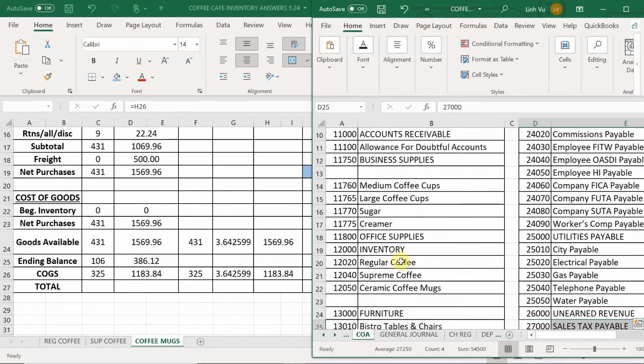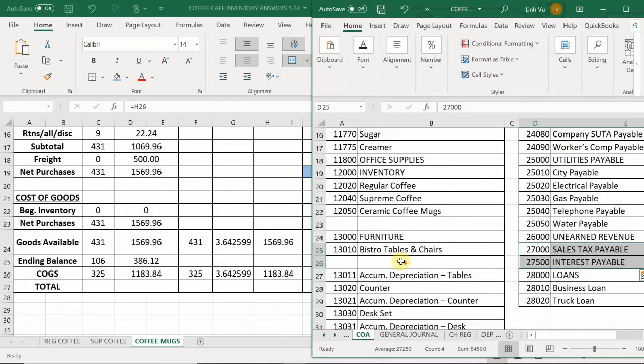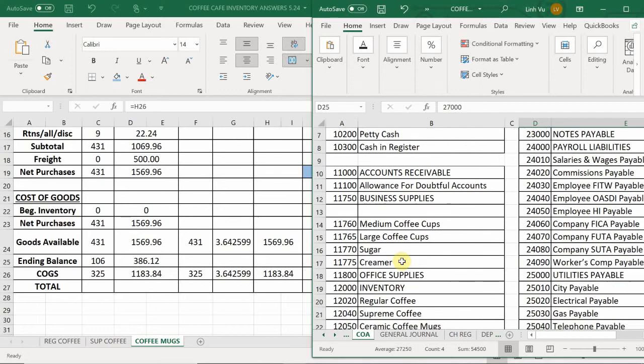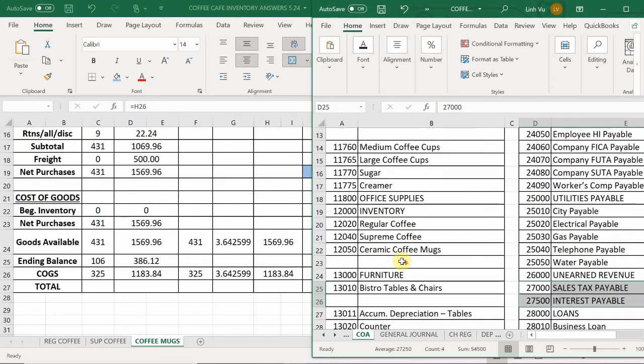I'm sorry. Somebody else is going to have to answer that because I don't see my chart of accounts. Oh, let me pull it up. I could do that. Yes.